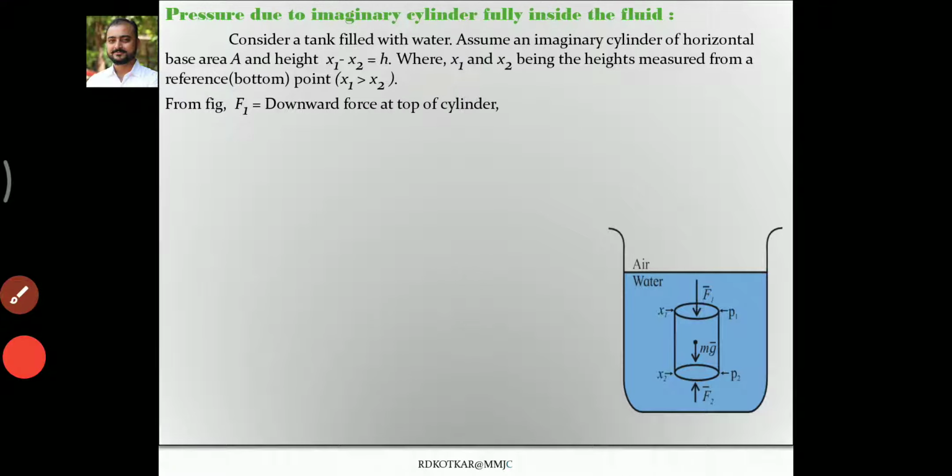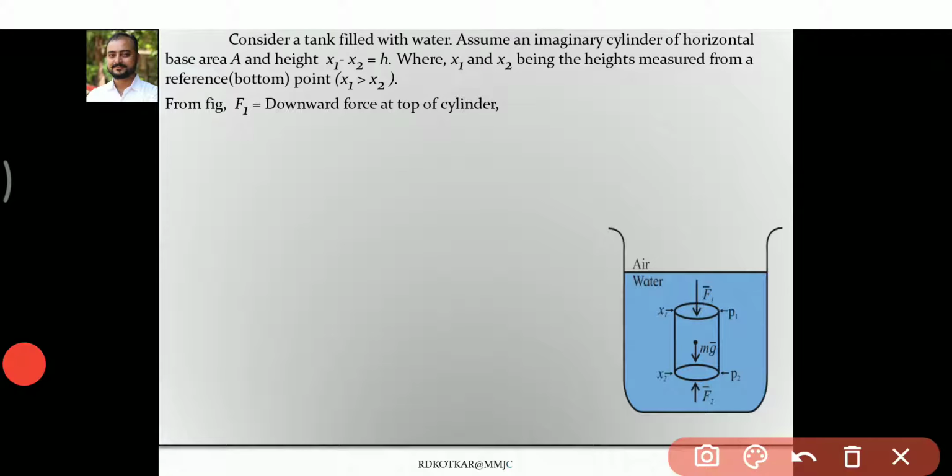Next, from the figure, we consider F1 to be the downward force at the top of the cylinder. Why will this force be exerted here? Look at this surface, closer to x1. The liquid above the top of the cylinder exerts a force on the top of the cylinder, and that force is F1.